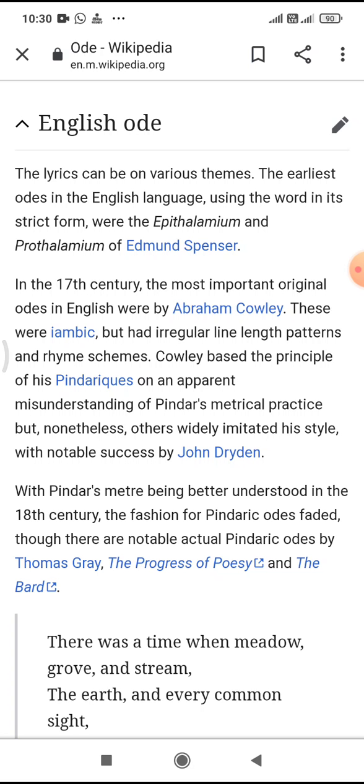Cowley's odes were iambic but had irregular line length patterns and rhyme schemes. Cowley based the principle of his Pindarics on an apparent misunderstanding of Pindar's metrical practice, but nonetheless others widely imitated his style with notable success, such as John Dryden.